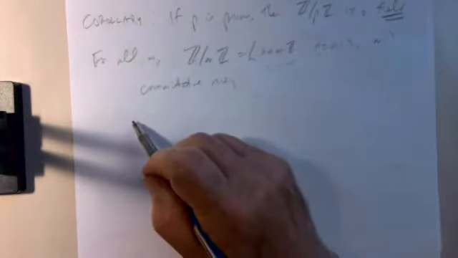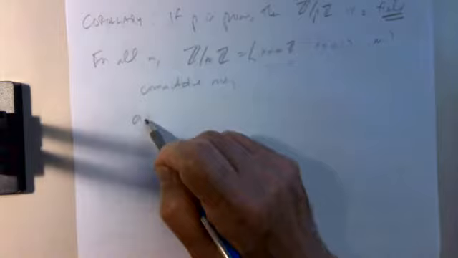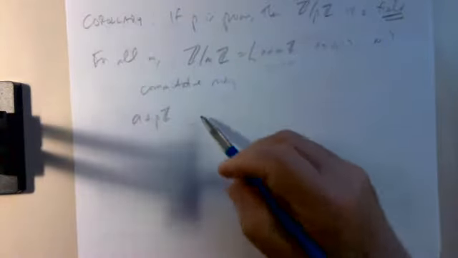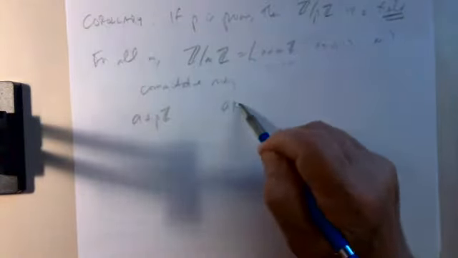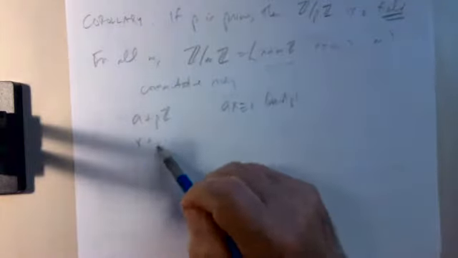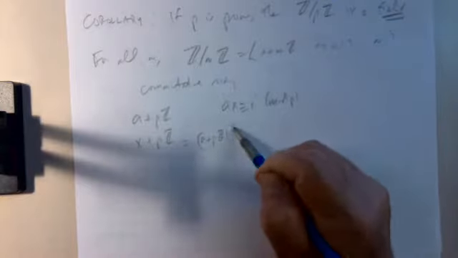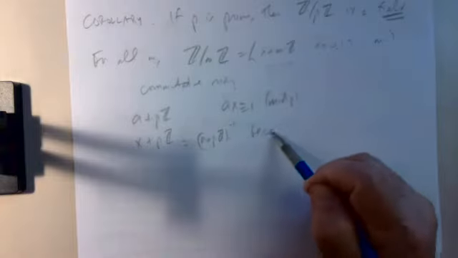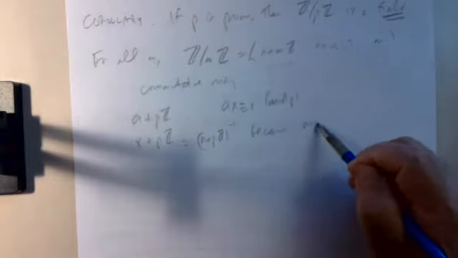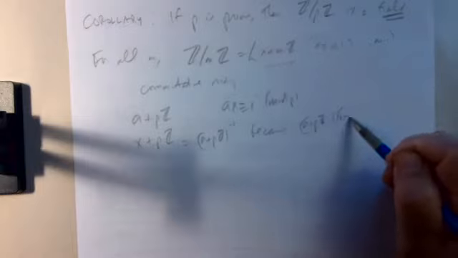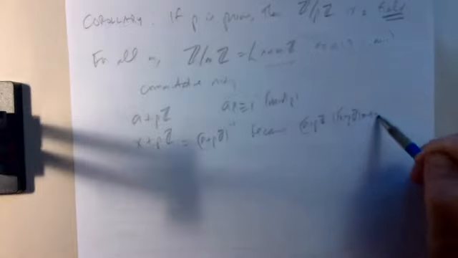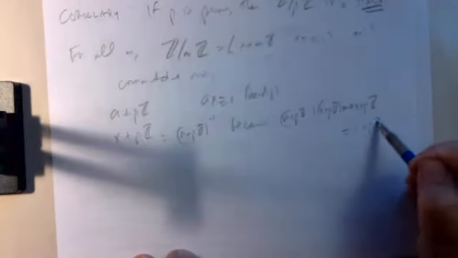So if you take the congruence class a plus pZ, you can always solve ax congruent to 1 mod p, and x plus pZ will be the inverse of a plus pZ, because a plus pZ times x plus pZ is ax plus pZ, which is 1 plus pZ, because ax is congruent to 1 mod p.